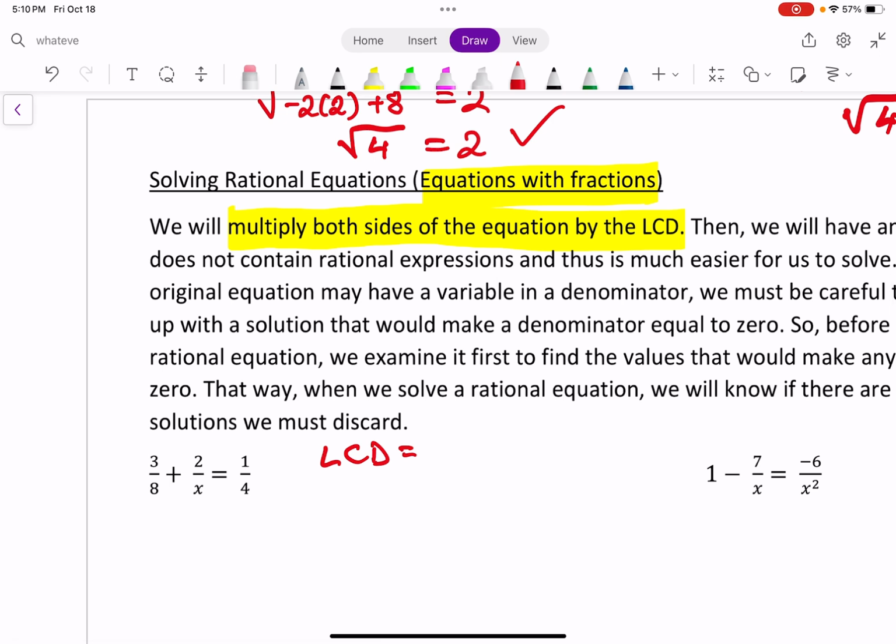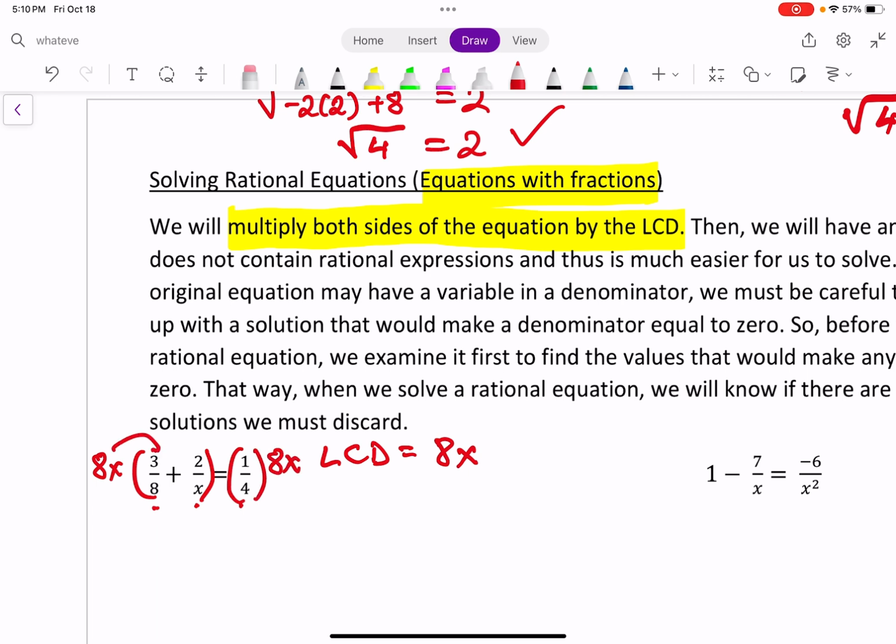So many times, look for 8, x, and 4. A least common denominator is the smallest multiple. So it has to be a number that can be divided by 8, can be divided by x, and can be divided by 4. And because 8 can be divided by 4 already, then that's all there is. So I'm going to multiply both sides by 8x.